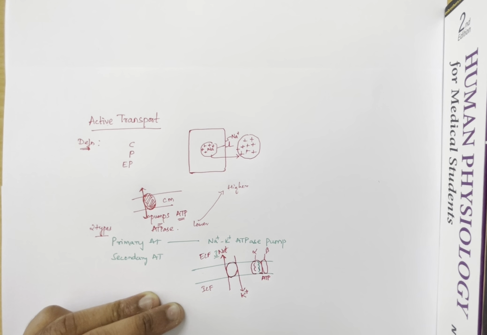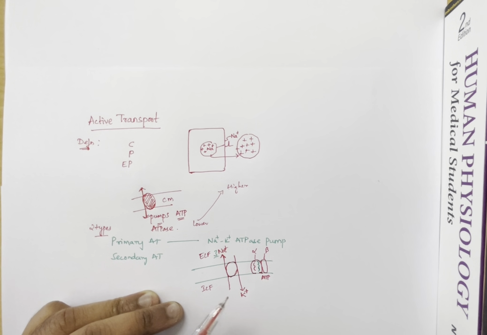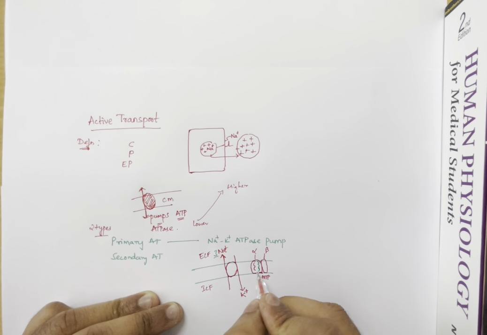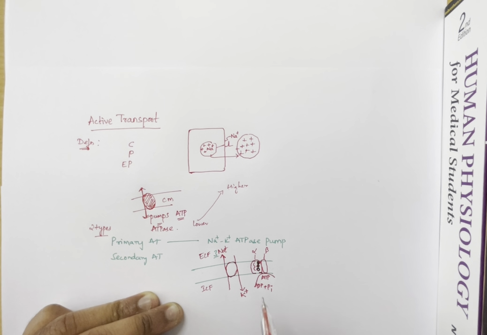So what happens now with the binding of ATP to this protein and the binding of 3 sodium ions? It will cause breakdown of ATP into ADP and inorganic phosphate, ADP and Pi. This inorganic phosphate will bind to the protein and this causes phosphorylation of this protein.